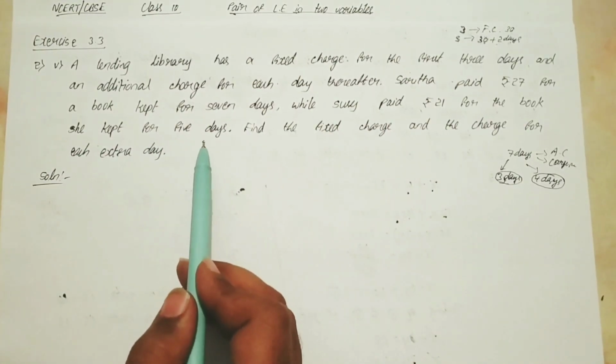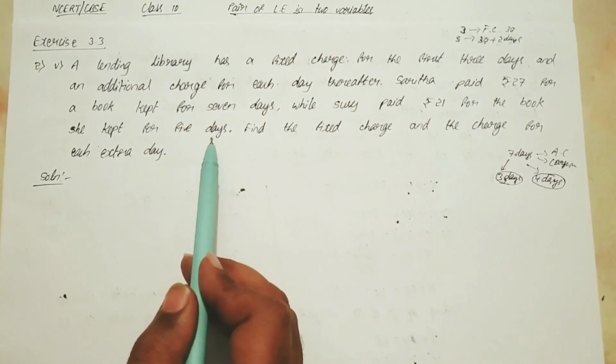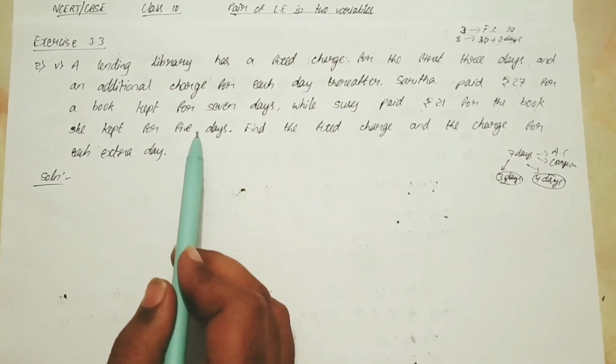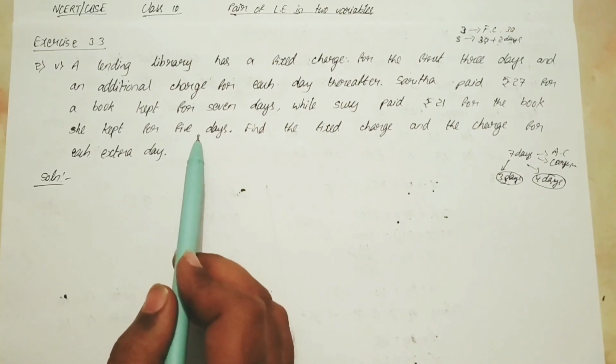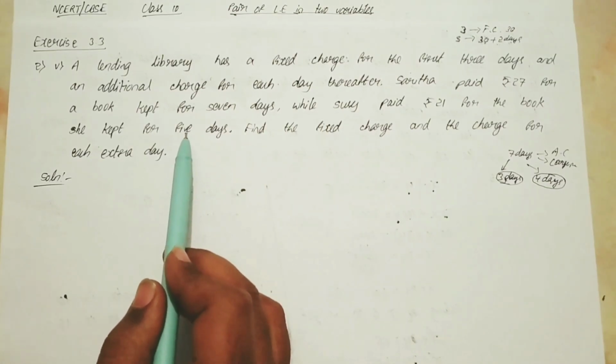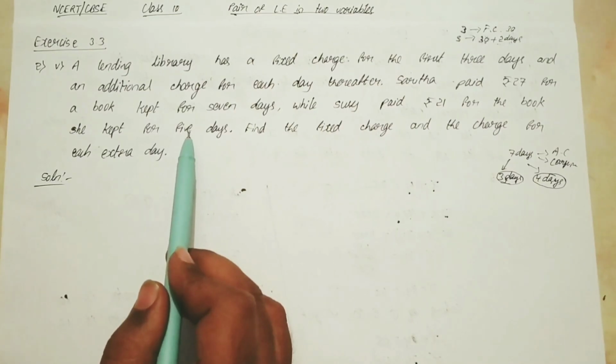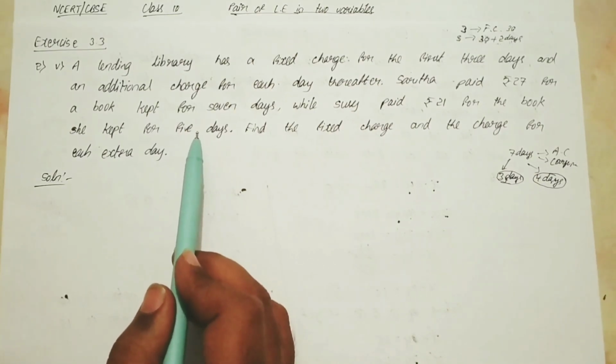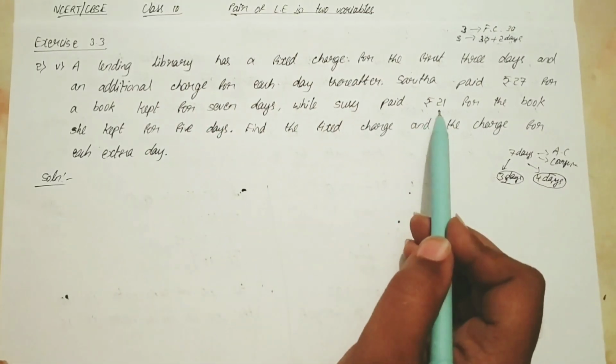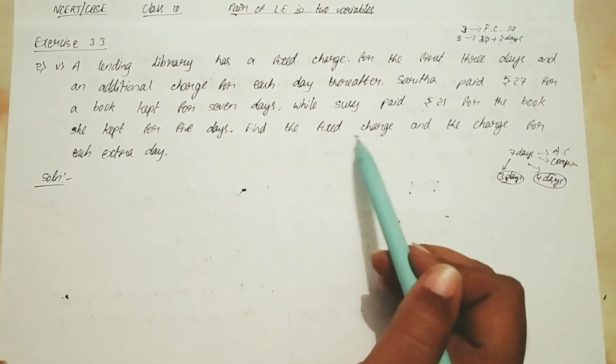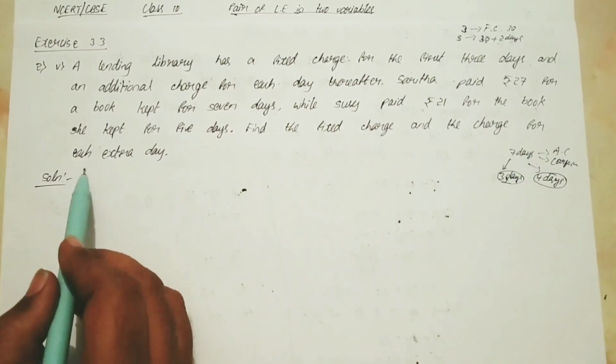Susy also paid the fixed charge for the first 3 days and additional charges for how many days? 2 days, right? So in 5 days the fixed charge is for 3 days, and the number of days remaining is 2. So she paid the fixed charge for the first 3 days and additional charges for the next 2 days. In total, for 5 days she paid 21 rupees, right?